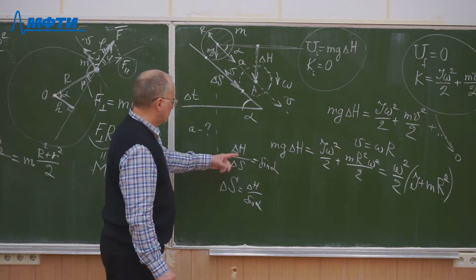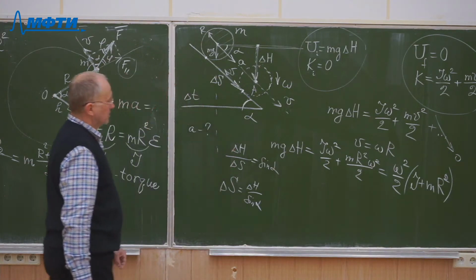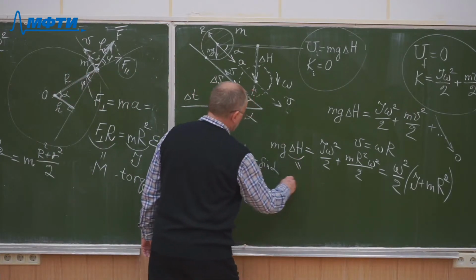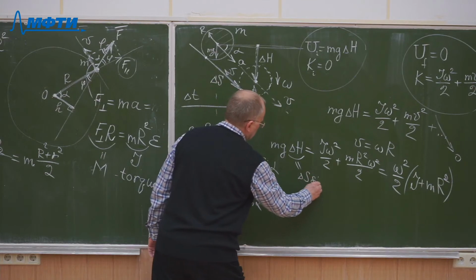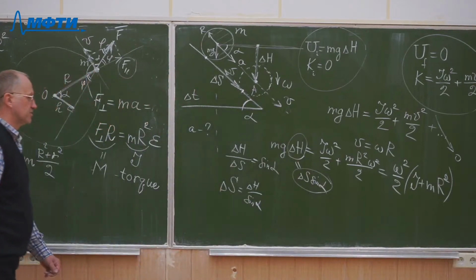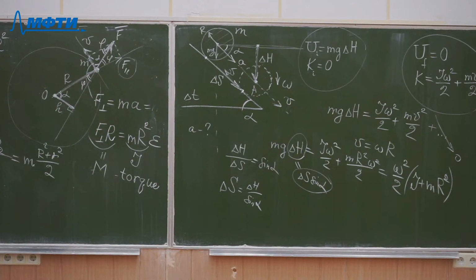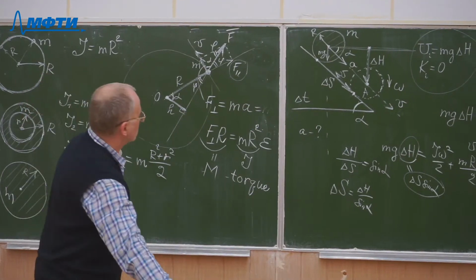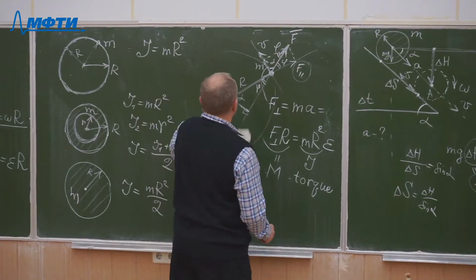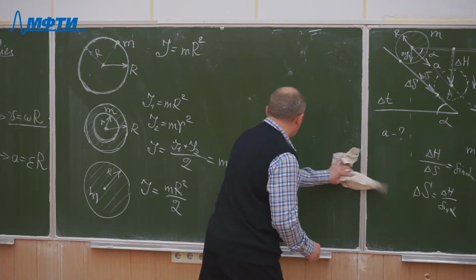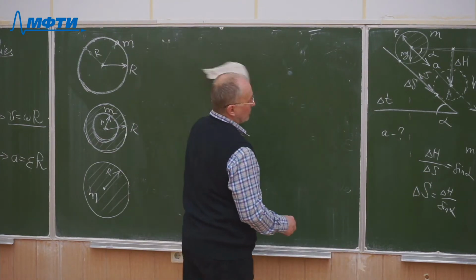Or it's better to find delta H from here. Well, it's obvious. So delta H from here will be delta S sine alpha. Instead of delta H, I can use this expression, delta S sine alpha. So finally, we can write the following expression.